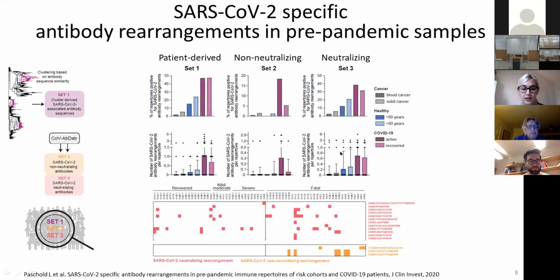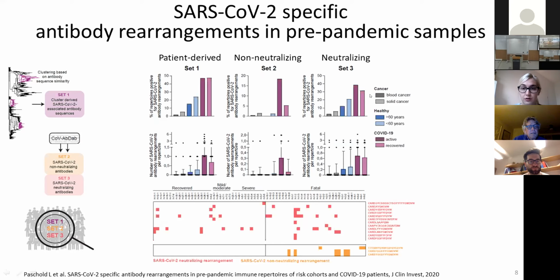And we examined that by searching our set 1 to 3 sequences in pre-pandemic samples, and we had 200 healthy donors, which we subdivided into young and old individuals at a cutoff of 60 years.